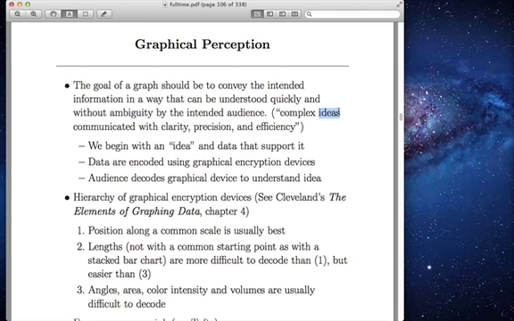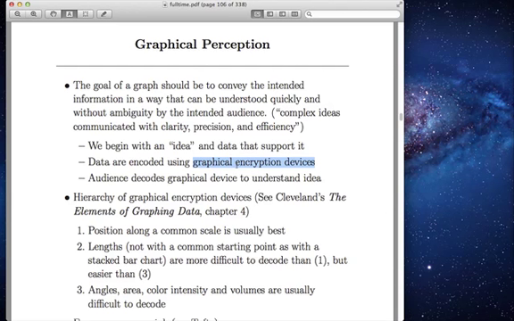And in order to communicate that, we want to support it with some data and some graphics, some evidence. And the way we're going to better communicate this idea is by first encoding it using graphical encryption devices, I'll call them. So various ways of representing our data in a graphical way in order to communicate this idea.